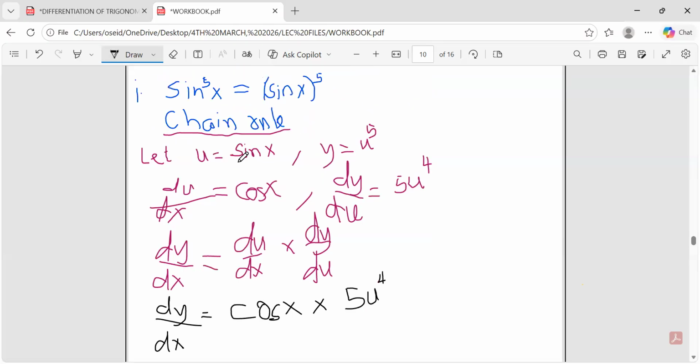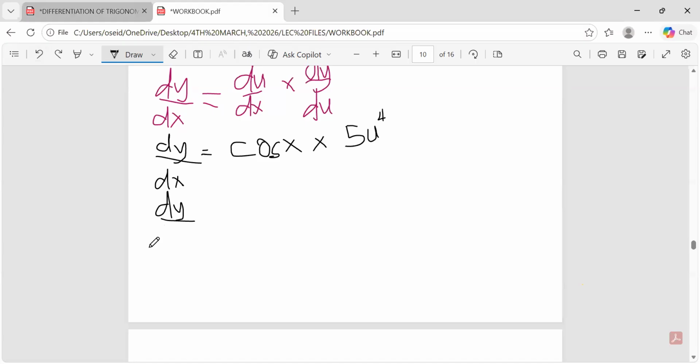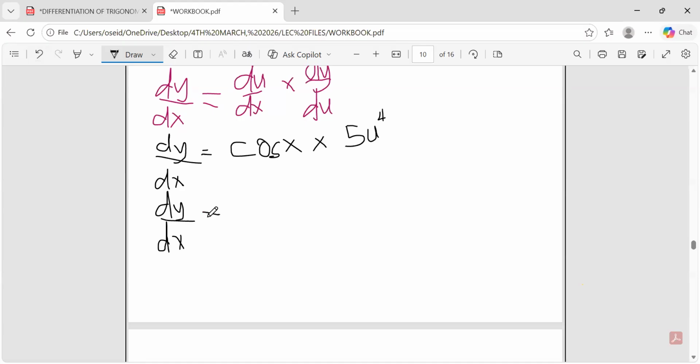All right. But u is what? u is equal to sine x. So we say dy dx is equal to cos x times 5 bracket sin x exponent 4.